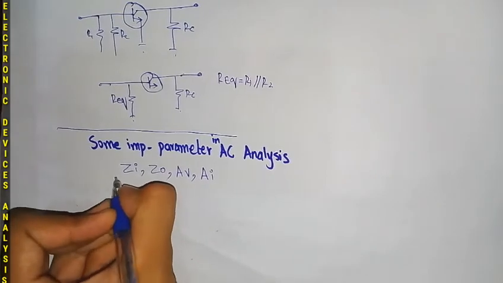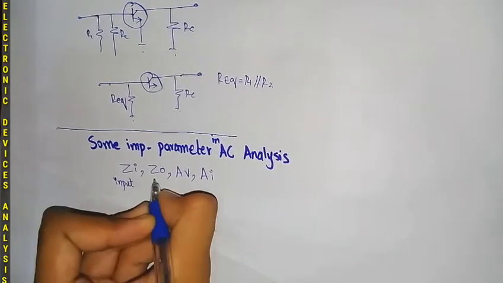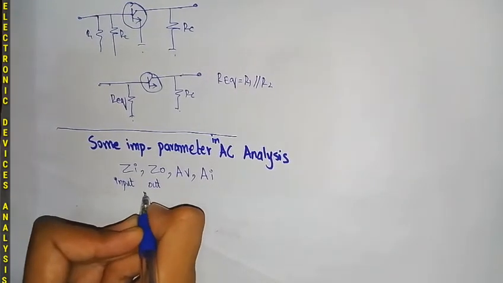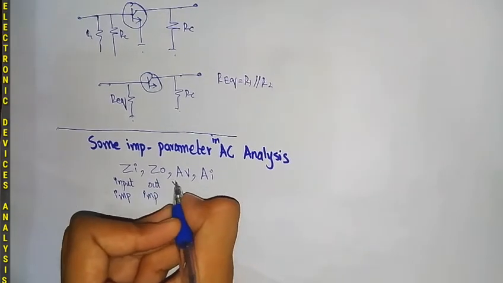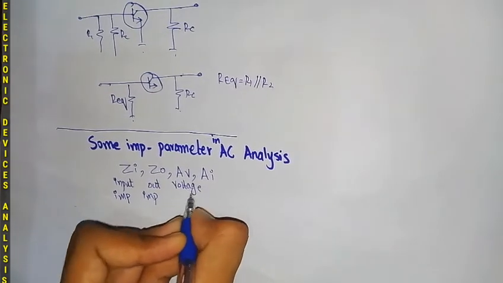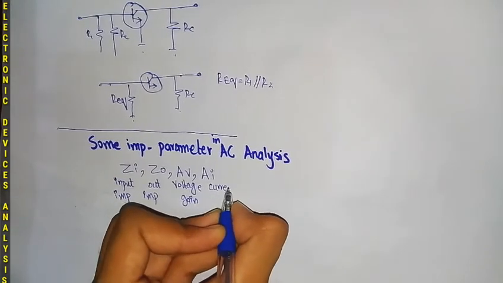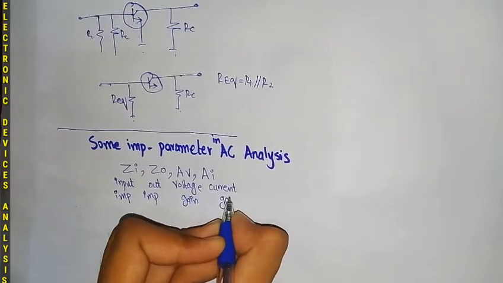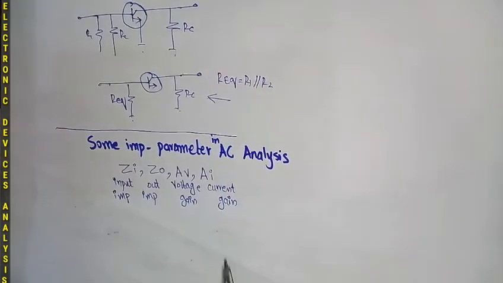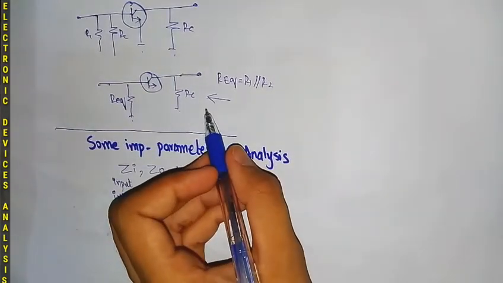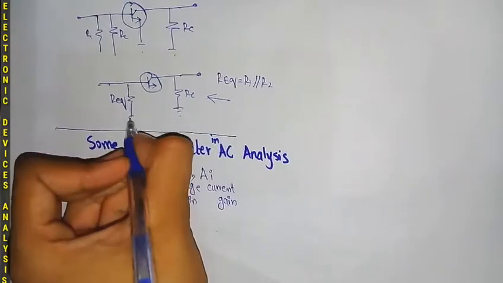ZI is input impedance, ZO is output impedance, AV is voltage gain, and AI is current gain. These are calculated from the AC analysis minimized circuit.